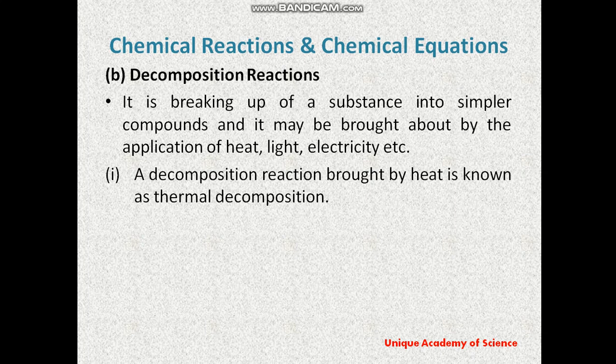For example, if decomposition is brought about by the use of heat, it is known as thermal decomposition. In thermal decomposition, for example, calcium carbonate, we give heat at 1000 degrees Celsius. So here it becomes its simpler form, meaning calcium oxide and CO2.